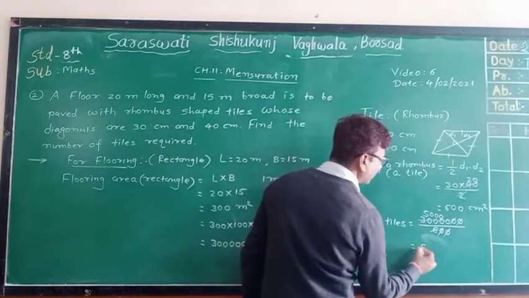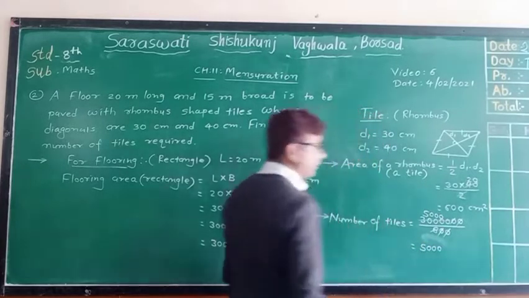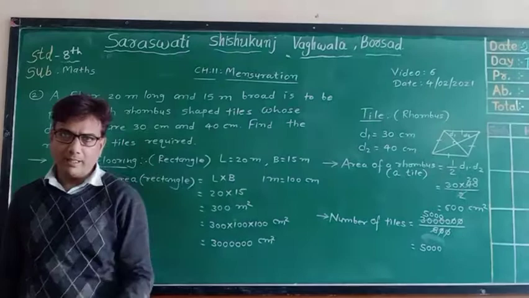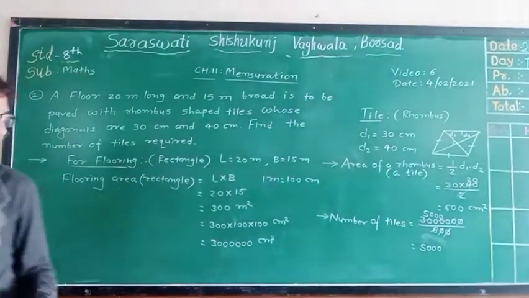So how many tiles do we require here? 5,000 tiles we require to fix on that flooring area.